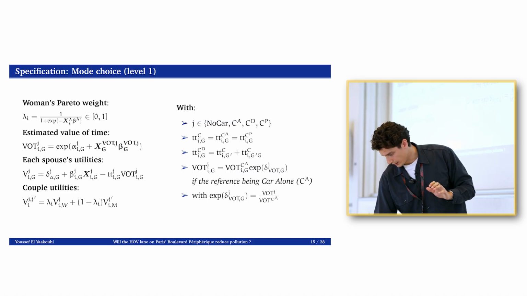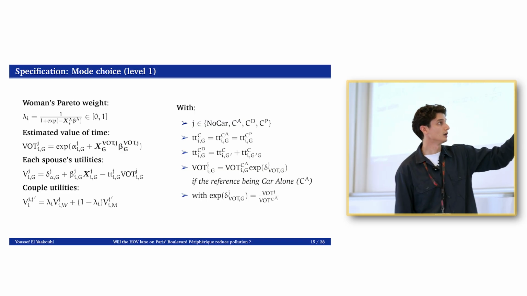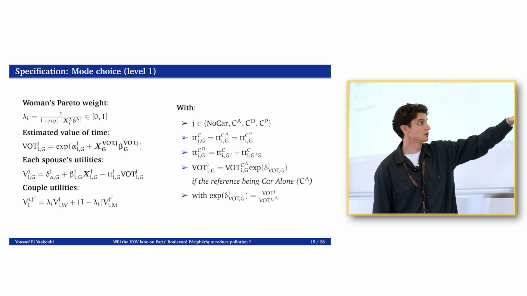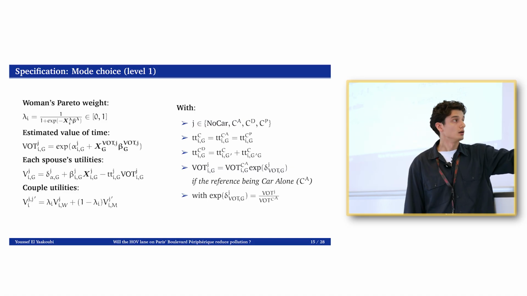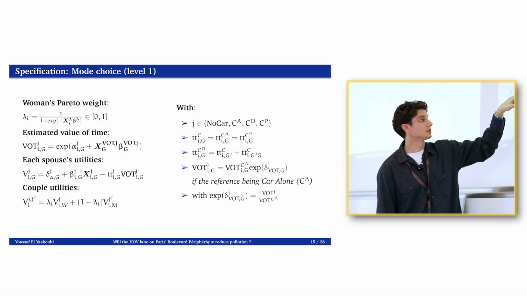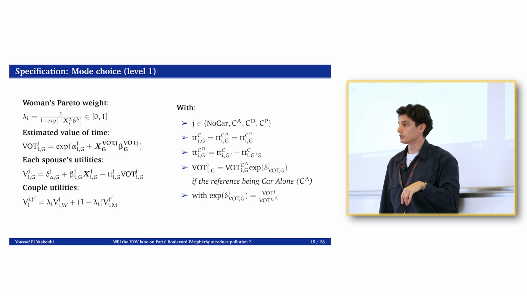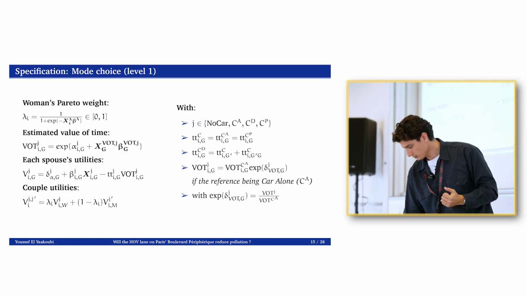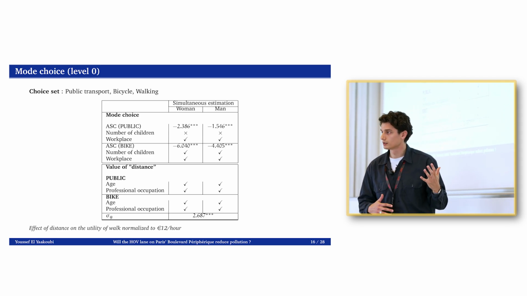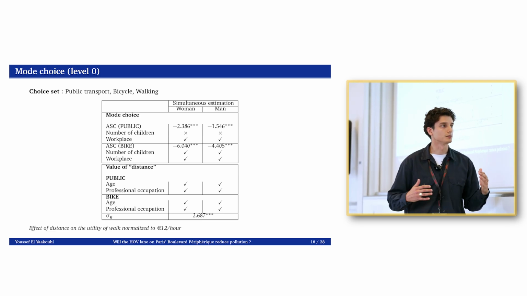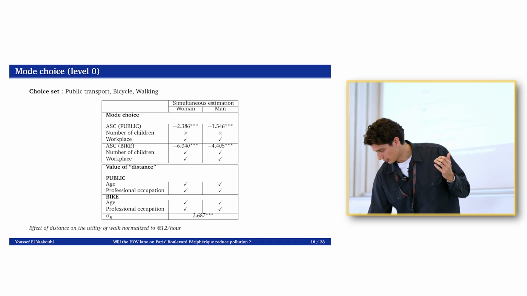And then what I wanted to show you is that we are estimating the couple's utility as a weighted utility: the sum of the utility of the woman and the man, weighted by this decision power. So the results, I will go quick on the results because it's not this which is interesting, it's more the results on the predictions on the infrastructure.